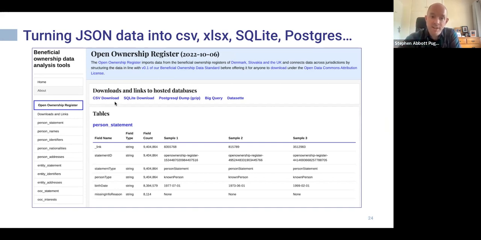But where it says downloads and links to hosted databases, when you click on CSV download, you'd get a zip file full of the CSVs for all of the types of tables we've got below. So if you just wanted to look up all of the addresses for the whole register, then you can download that and you can go to the person_addresses CSV, and you would have a CSV file with all of that information in.